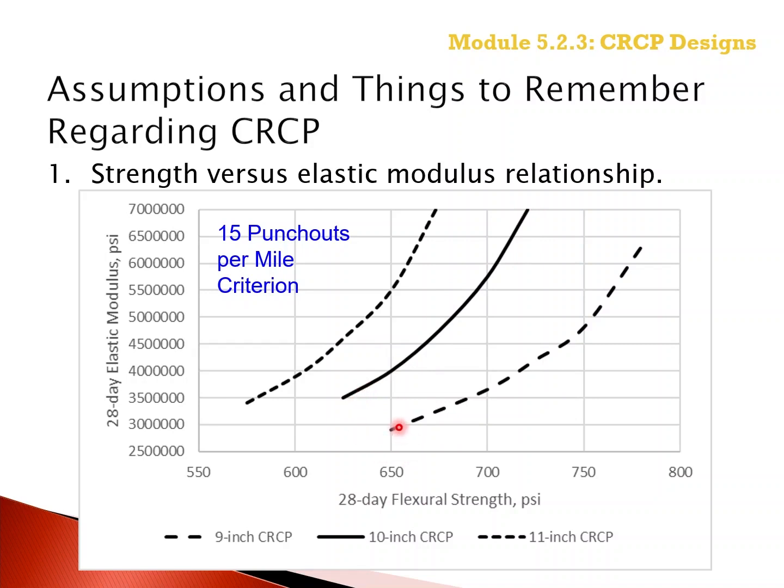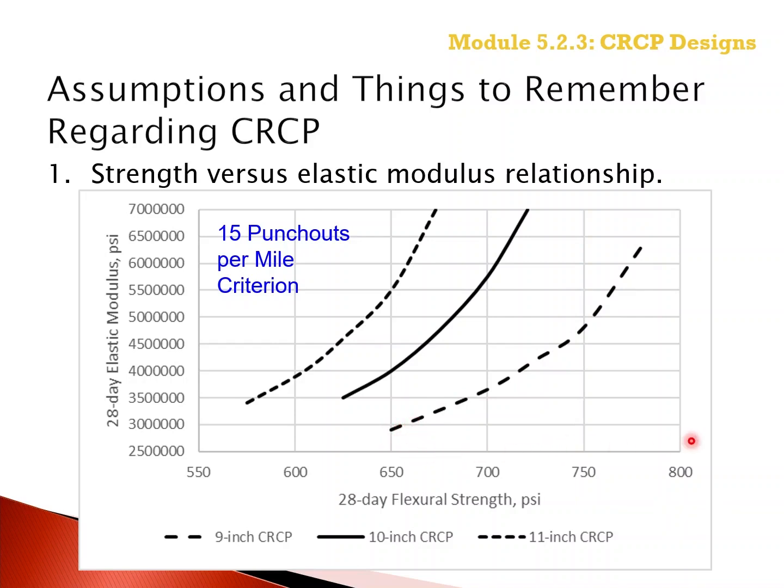And finally, the 11-inch CRCP shows the combination of strength and elastic modulus values that would result in 15 punch-outs per mile at the end of the design life, everything else being equal.